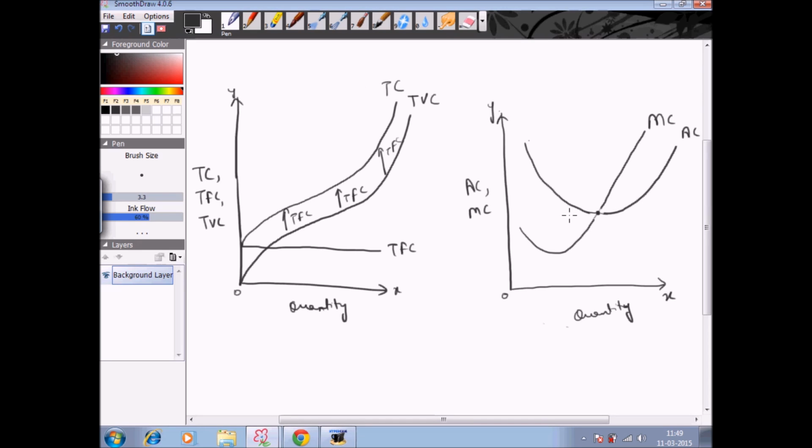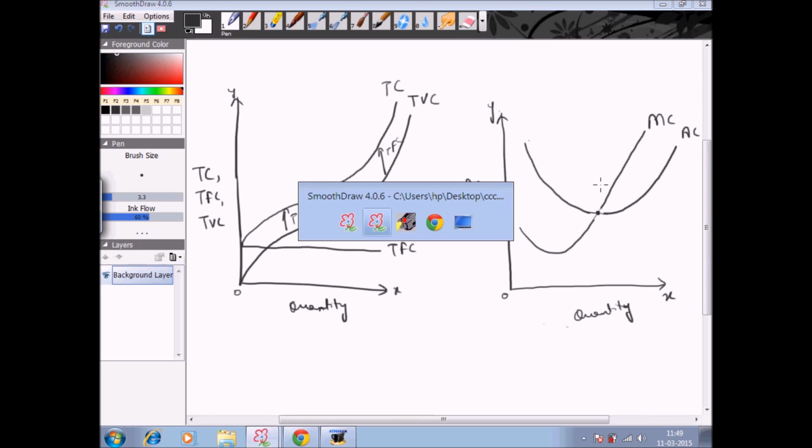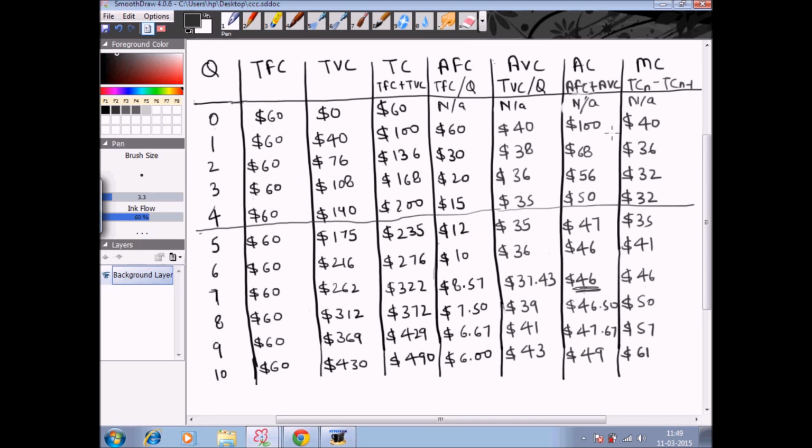The next thing which we can see through this graph is that the rate of increase and decrease of marginal cost is more than the rate of increase and decrease of the average cost. This we can see through the table also. See, average cost is decreasing at a slower pace. It became $100, then 68, then 56, whereas the marginal cost is decreasing at a faster pace.